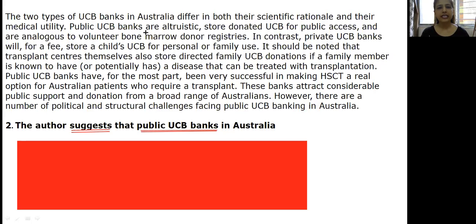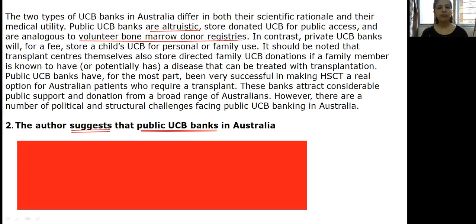So here the writer says they are altruistic. Altruistic means someone who works for the benefit of others, someone like an NGO, someone who works selflessly, without any selfish motive. Here it says that they are comparable to volunteer bone marrow donor registries.